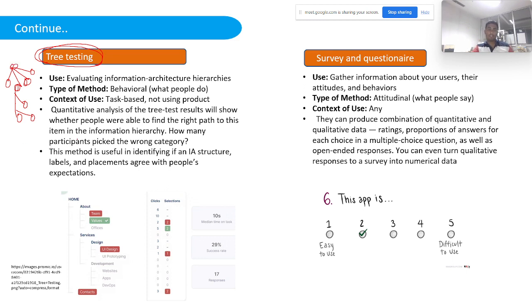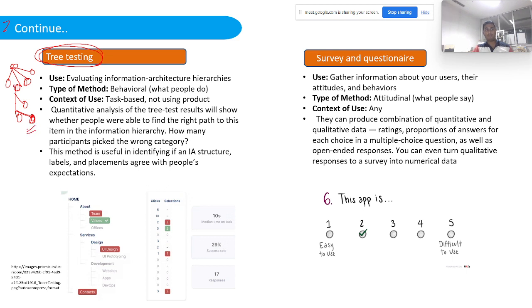Okay. So this we generally use as a qualitative study when we deal with one or two users. So in a qualitative measurement, we check whether that particular person is able to identify a particular level inside a tree or not.